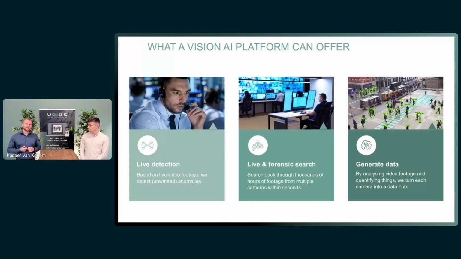But still, things are happening, and you have a lot of video material available. It's really interesting for your organization to gain a lot of insights. First of all, saving a lot of time going through all your material, finding back what happened around an incident. Maybe you can search on human attributes, you can search on cars, you can search on a combination of whatever you're searching for, even free text attributes.